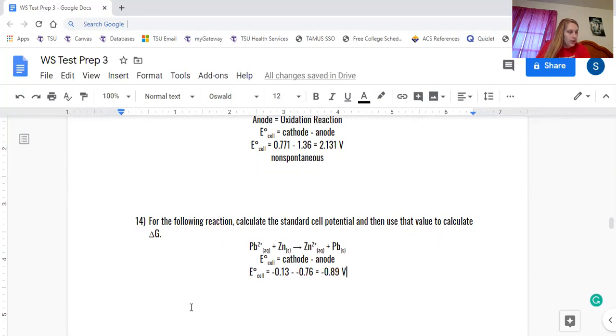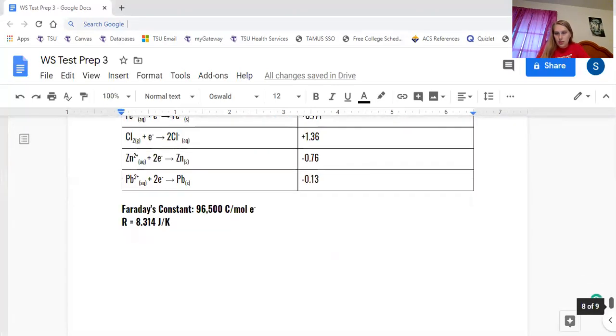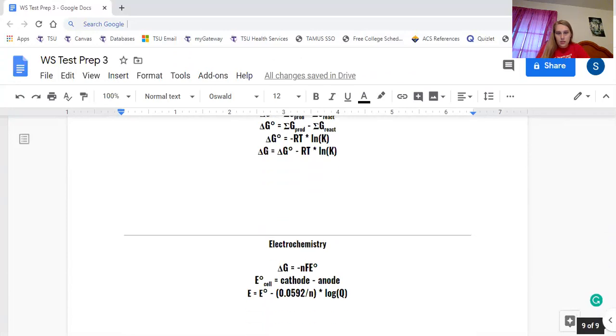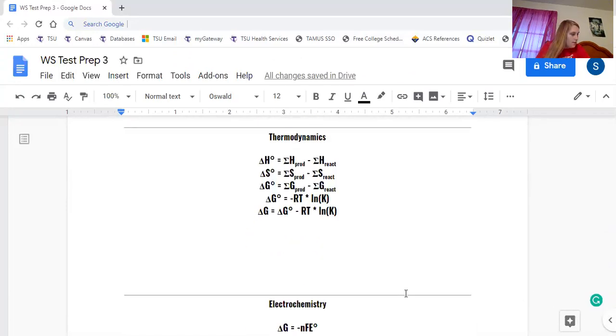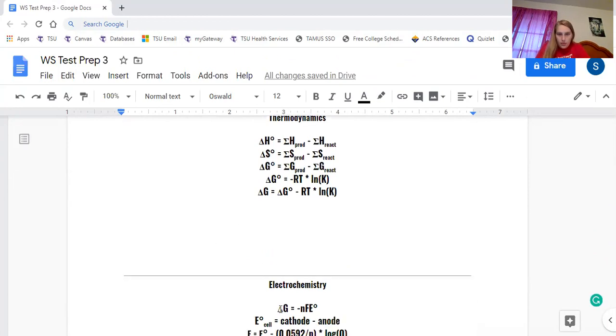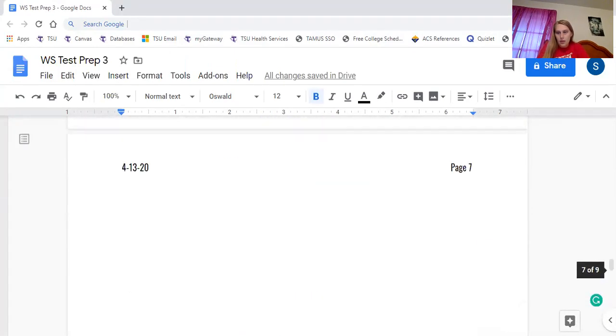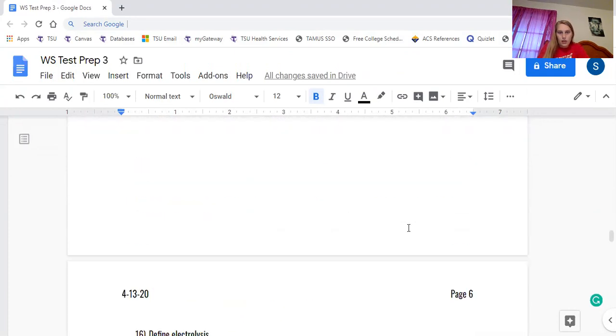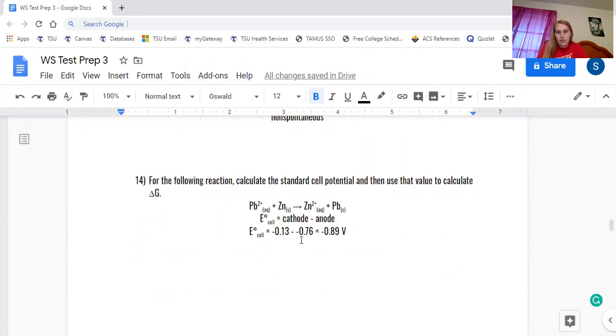Okay, so now we're going to use that other equation. Which one was that? This one right here. It's page 5. Okay, and use this equation now.